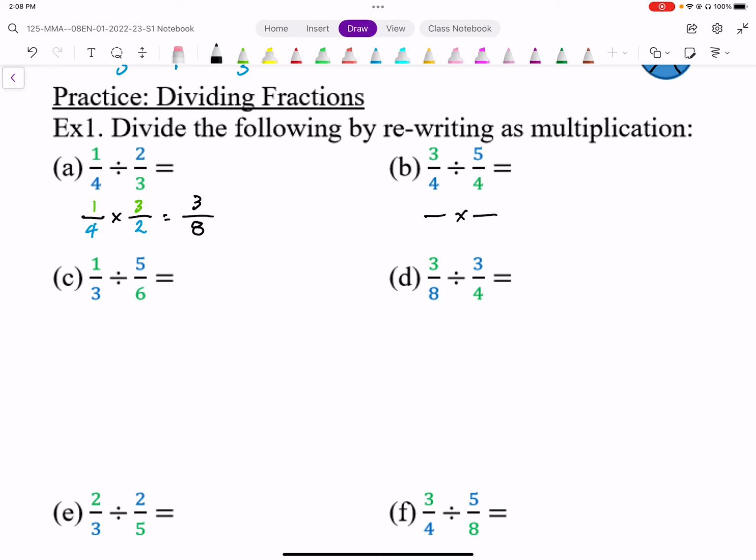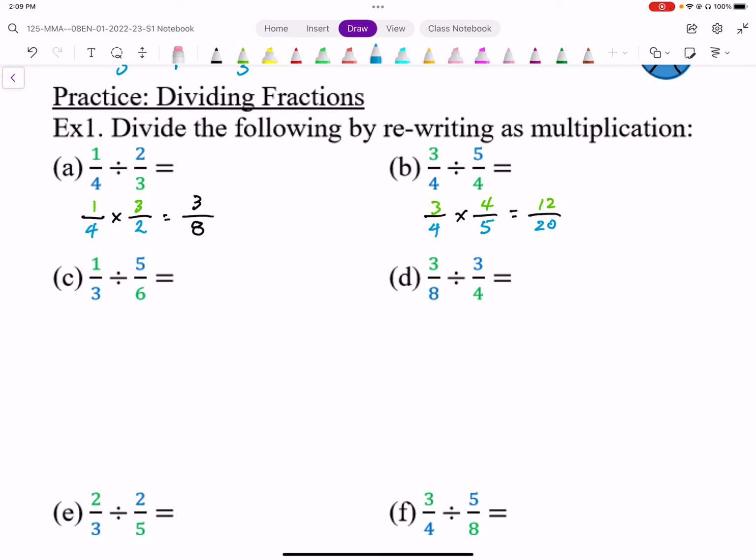For 3/4 divided by 5/4, we're going to have 3 on top, divide by 4 on bottom. That divide by 5 ends up on bottom. The divide by 4 ends up on top, or we convert it to times and flip the second fraction. So now we end up with 3 times 4 is 12, 4 times 5 is 20, and there's our answer.